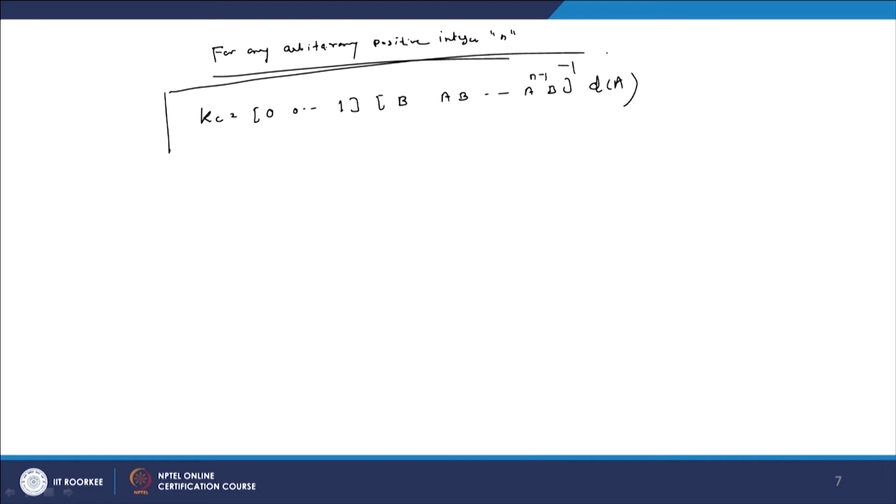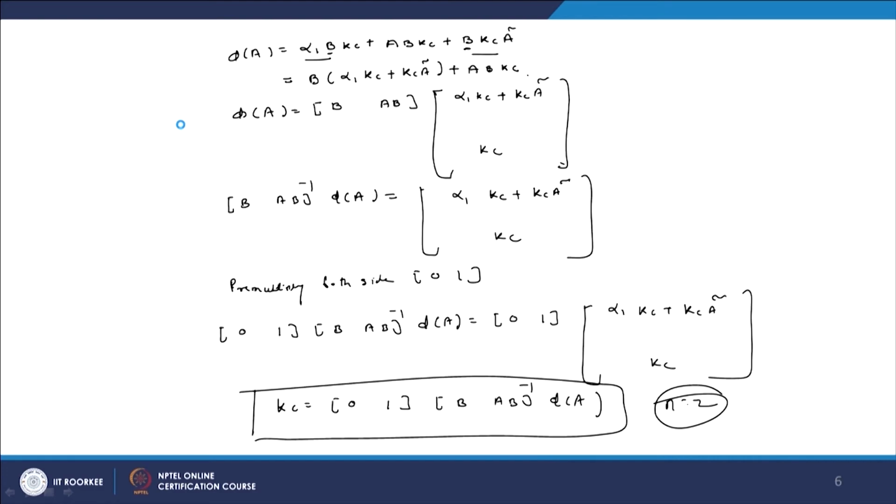This is the controller design. So, you will find that here k c equals to 0 1 b a b inverse phi of a, that means same thing here 0 1, this is q c inverse into phi of a. Now, just see it again.